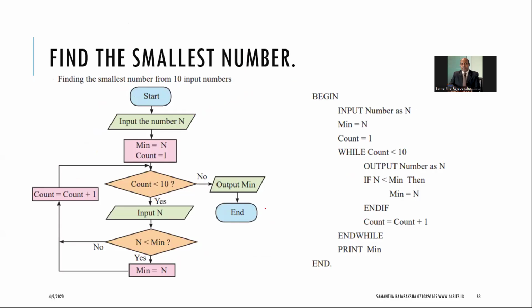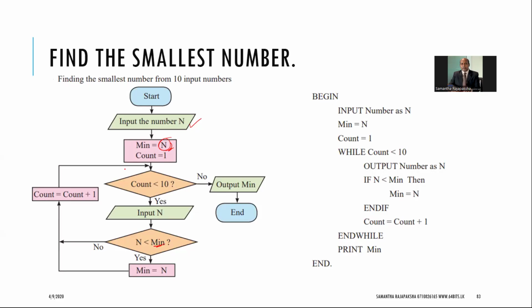Now this one is to find the minimum number. You input the 10 numbers here. You take the first number as the minimum and then take the next inputs and compare with that. The next input number you compare with the minimum number you have set as the first number.